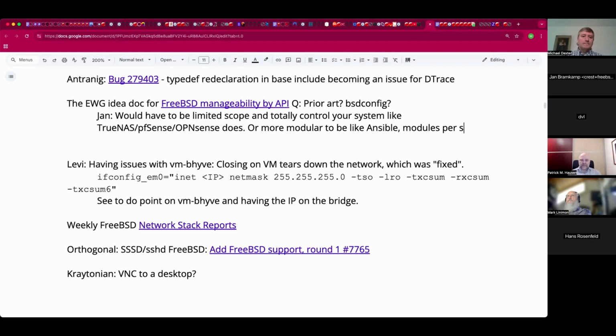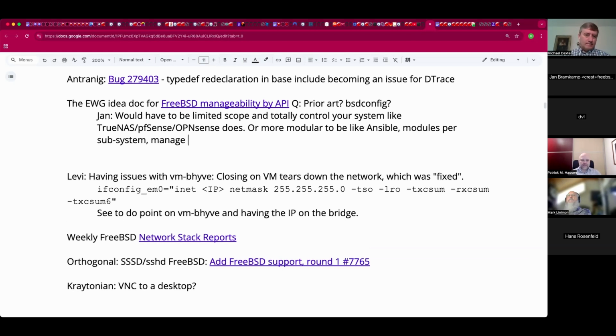If you are too clever, you can still shoot yourself in the foot, of course, but at least it wouldn't be expected to break just because you change something by hand. It would at worst undo it, and it wouldn't automatically undo it, unlike rebooting a TrueNAS system where, okay, let's regenerate the config files from our SQLite database or whatever they're using.